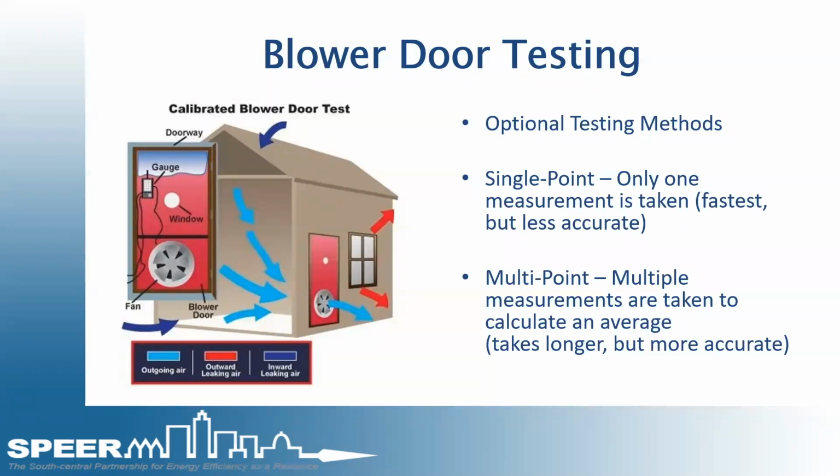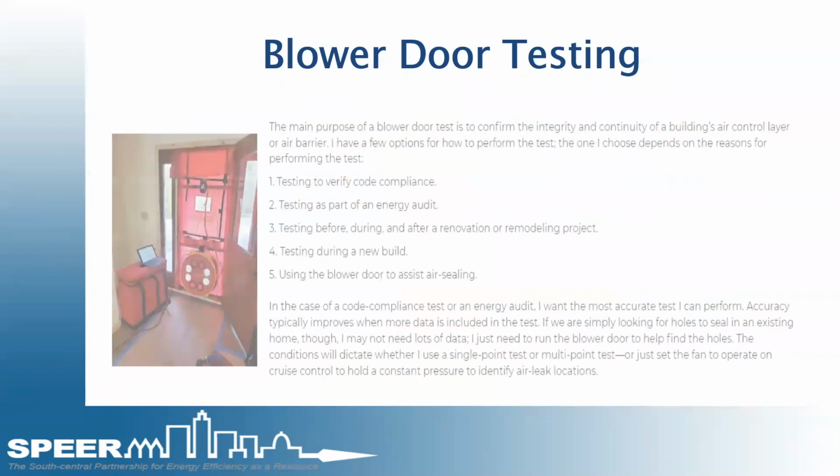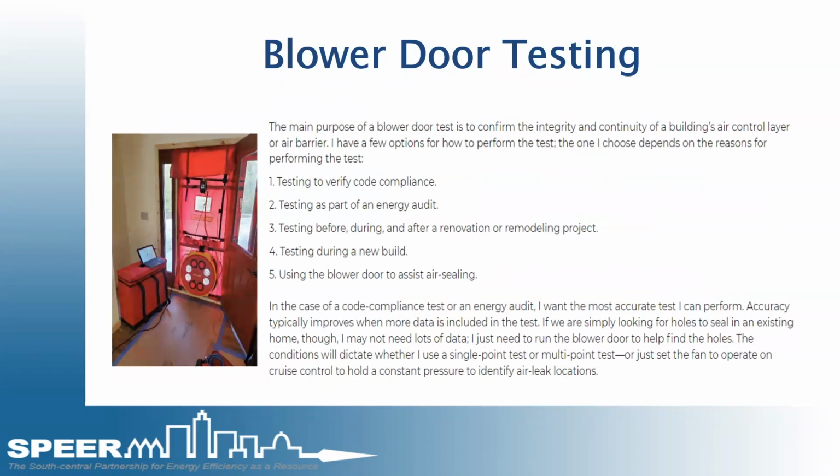So if you get to a final, blower door is failing, it's very difficult to say, I know exactly where this is coming from. That's not what blower door is about. It's about finding out where you actually stand on compliance. So when doing the blower door, there are certain things that the inspector can do. Testing and verifying code compliance is what it's used for.